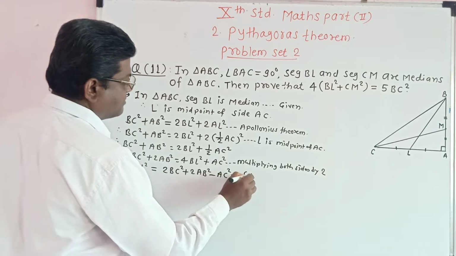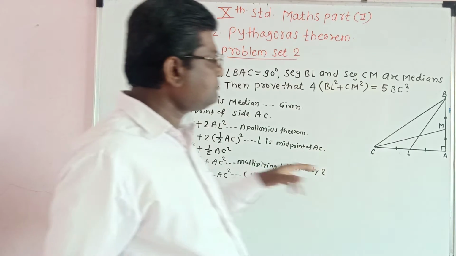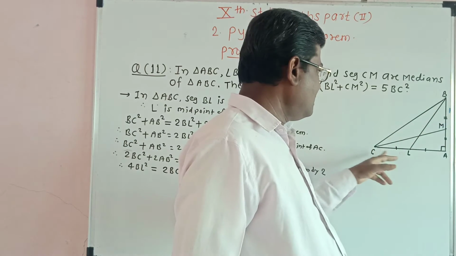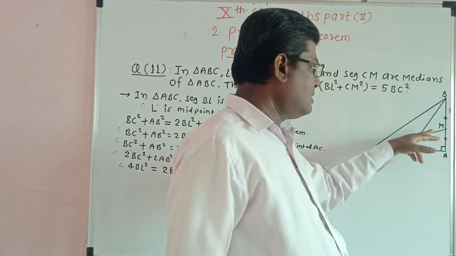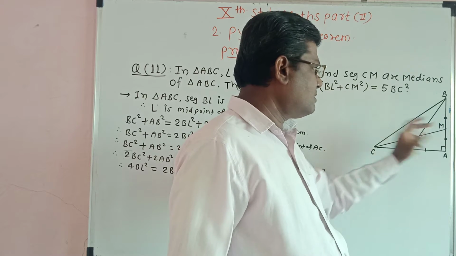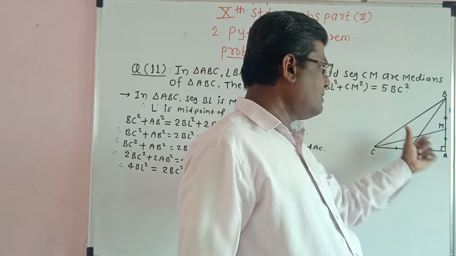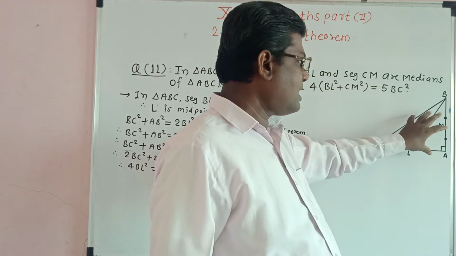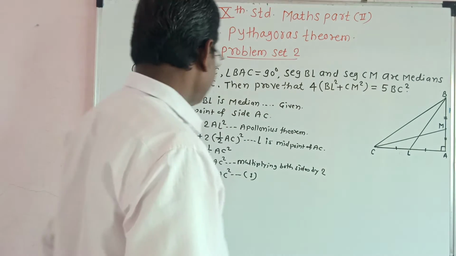This is equation number 1. Now in triangle ABC, M is the midpoint of AB, because CM is a median. Therefore we can apply Apollonius theorem for this triangle.